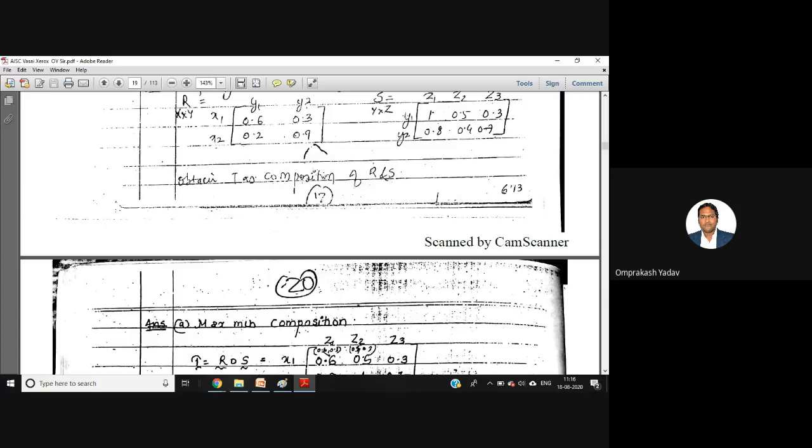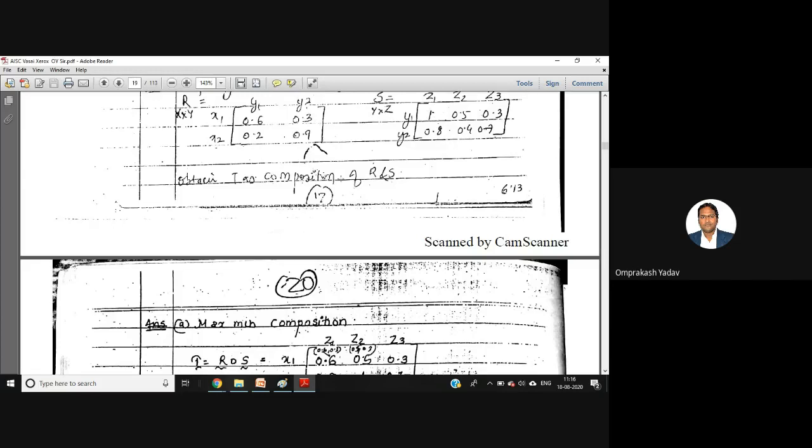Now what you are supposed to do: this is your R matrix and this is your S matrix. First you see which is the common one. For example, here y1 and y2, and here also y1 y2, this one is common. So I'll first write x1 x2 in the row direction, and in the column direction I'll write z1 z2 z3.